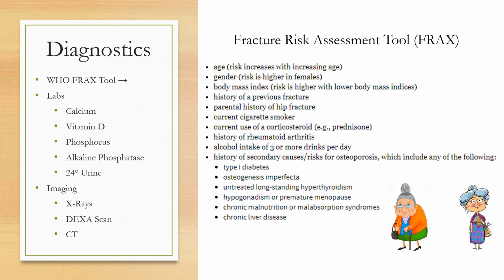Osteogenesis imperfecta is a bone condition where the bones don't form normally, so that's definitely a risk factor. I mentioned the fact that if you have hyperthyroidism or you're taking levothyroxine for a low thyroid condition, but you're taking too much of it, over time, that's going to thin your bones. So don't forget, hyperthyroidism or taking too much thyroid hormone can lead to osteoporosis.